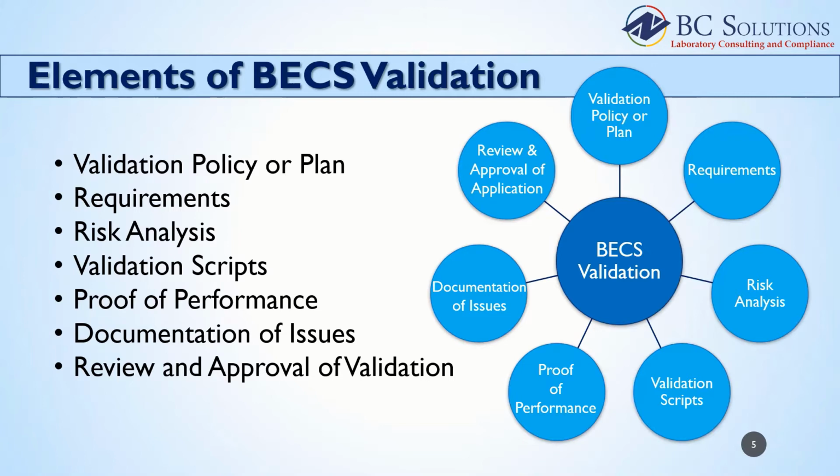Each one of these should be documented as part of your validation process to ensure that your validation is complete and compliant. Please note that these elements are all interrelated and that they are all pieces of the puzzle that will fit together to obtain and maintain a compliant BECS validation. Of course, all validations start with a plan.